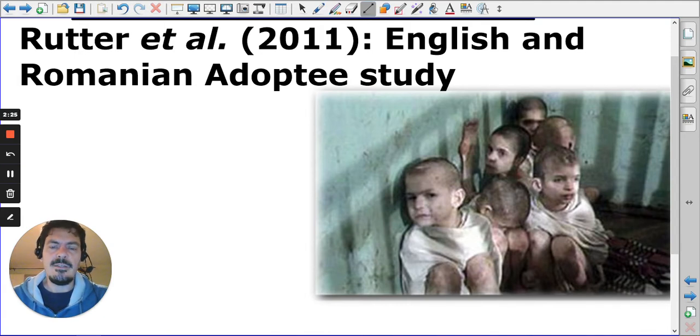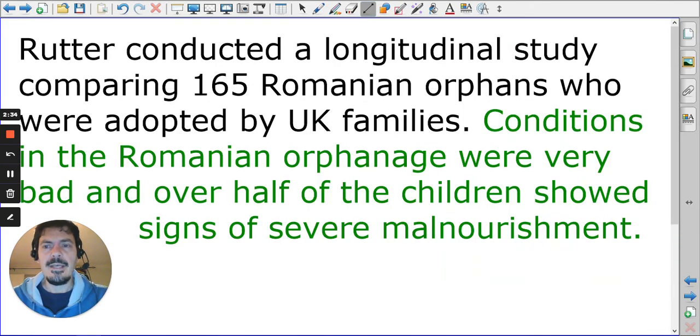Now, I'd like to think that actually is a fake image, but unfortunately it is quite true. The reason for this is that in Romania at the time, after the fall of Ceausescu, there was a revolution, there was a lot of fighting, and money wasn't particularly good.